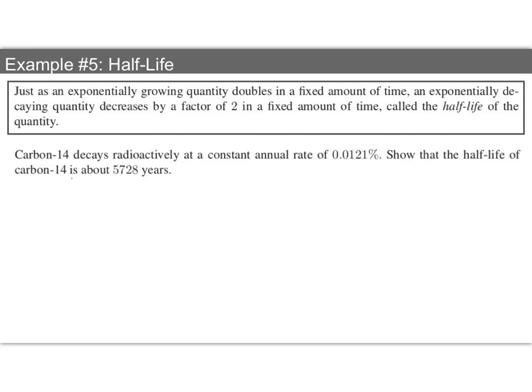So essentially what we're saying here is that if my decay factor, so again, if I'm losing 0.0121%, I'm going to do 1 minus 0.000121, right? Because again, I'm going to move my decimal. So that would be 0.0121% in decimal form.